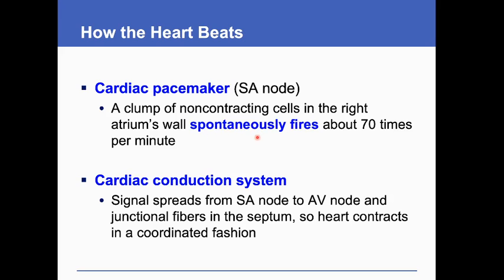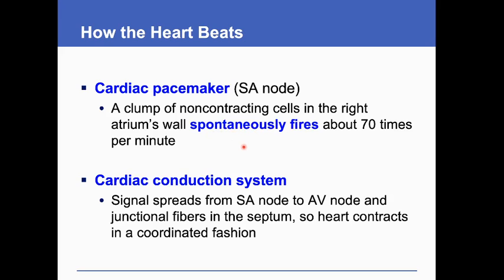Anyway, in the normal adult healthy human who's not overly athletic, these cells in your SA node in your right atrium, they spontaneously fire about 70 times a minute.